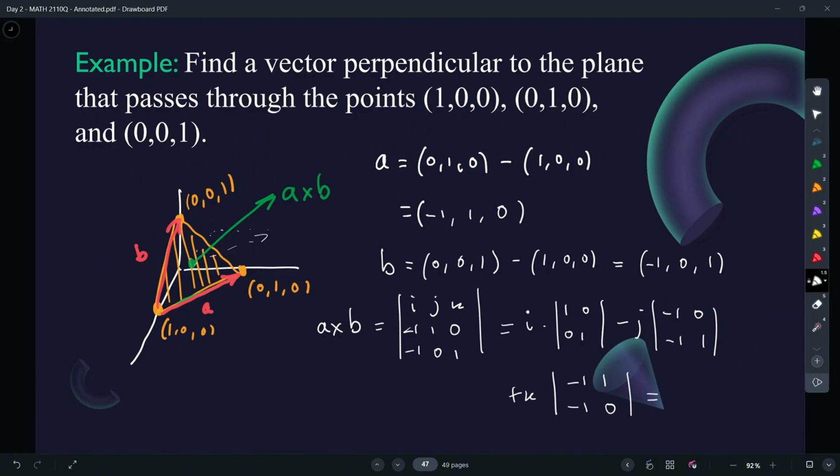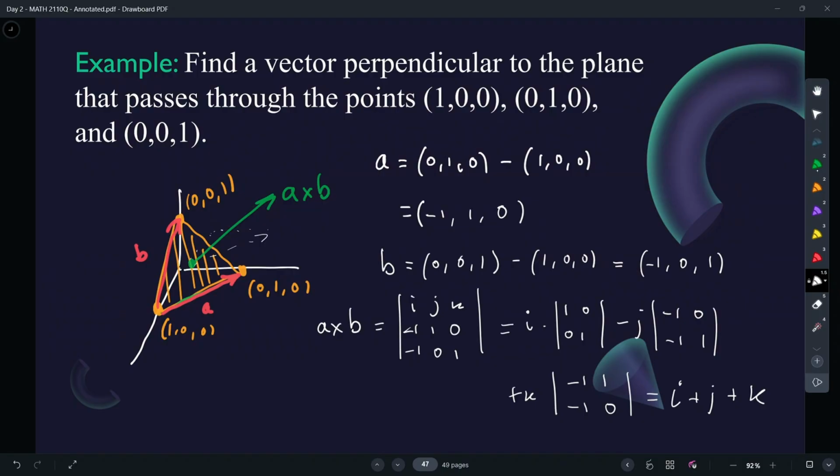That first determinant is 1, so this is i. This is minus 1 plus 0, times minus j, that is j. And then k is minus 1 times 0, so 0 minus minus 1 is plus 1. It's k.